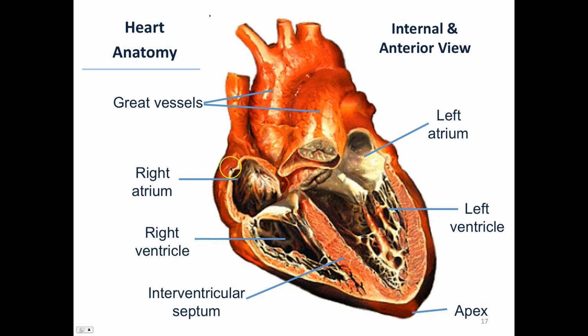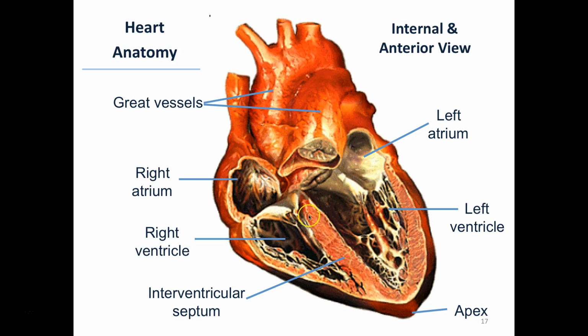So when we look at the atria, we do notice that they have very thin walls because the blood only needs to pass from the atria down into the ventricles. However, you can see the two large ventricles inferiorly and the dividing septum that we call the interventricular septum because it's the septum between the ventricles.